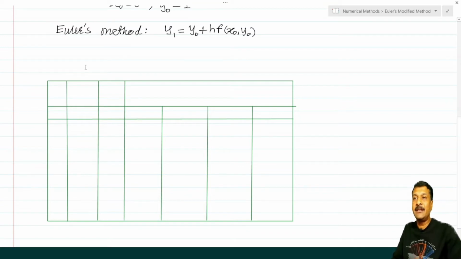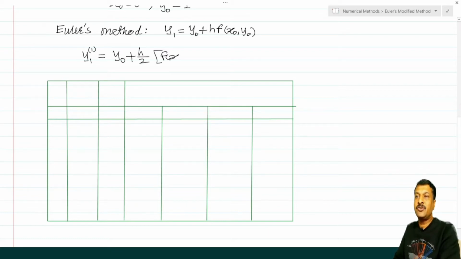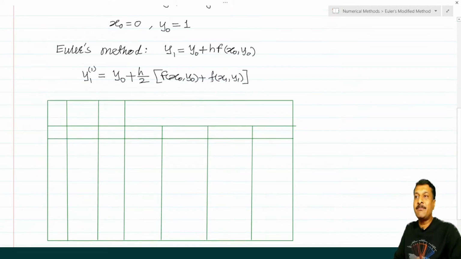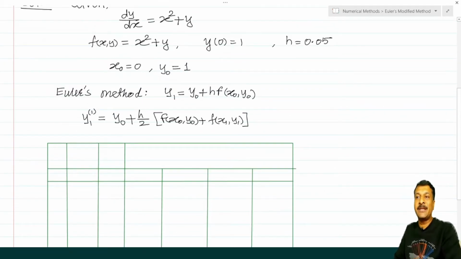Note that here is how to improve the value. For example, I want to improve y1 at the first position, that is equal to y0 plus h by 2 of f of x0 y0 plus f of x1 y1. So actually it is the same, just like the Euler's method formula.